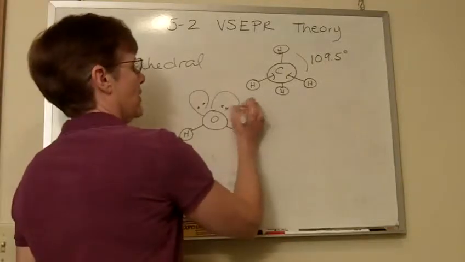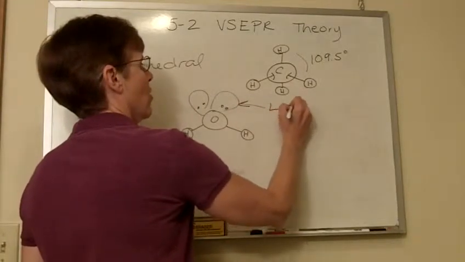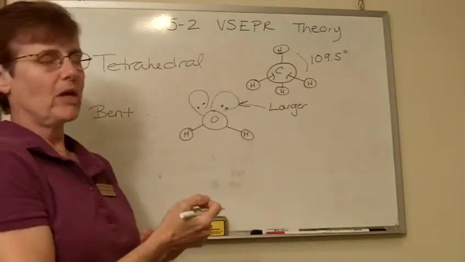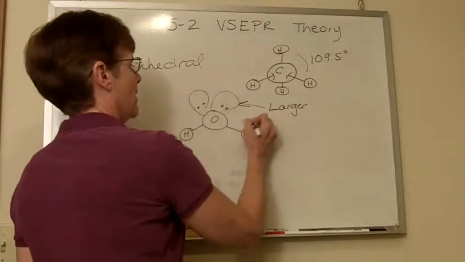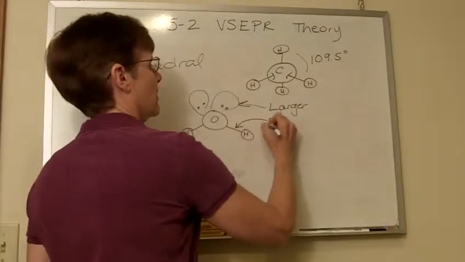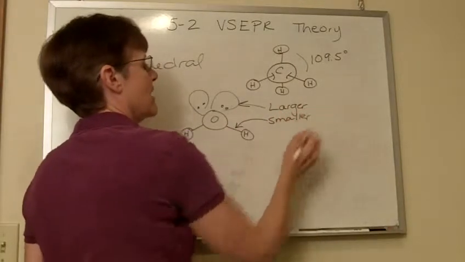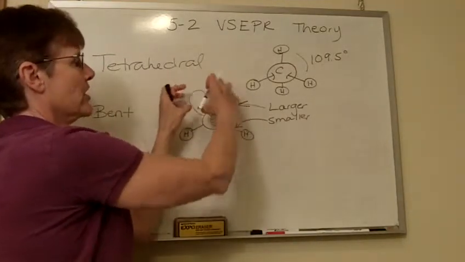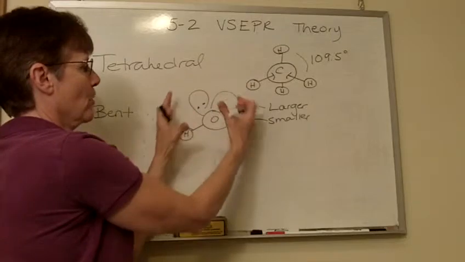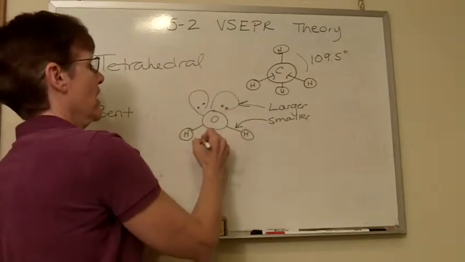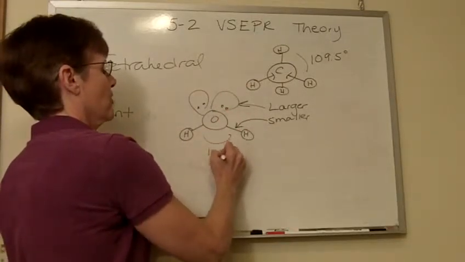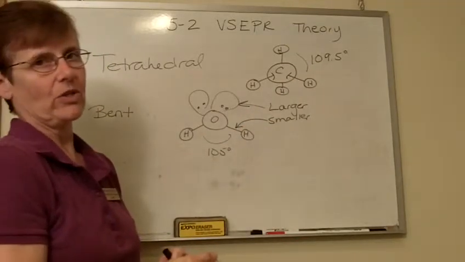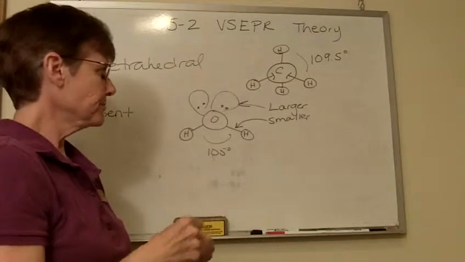Now, the interesting thing about this is that the electron cloud of the unshared pairs is larger than a shared pair. So what that means is that these are going to take up more than their fair share of space, and they're going to push these a little bit closer together. So this bond angle is only 105 degrees. So it's a little bit smaller than that idealized tetrahedral bond angle.